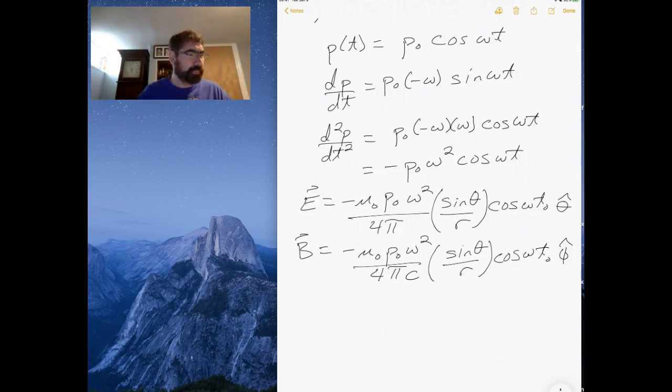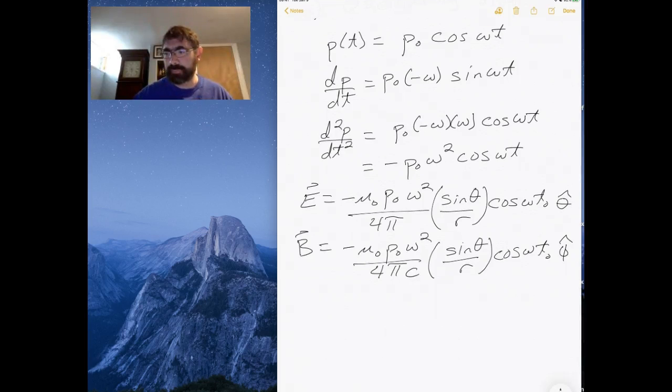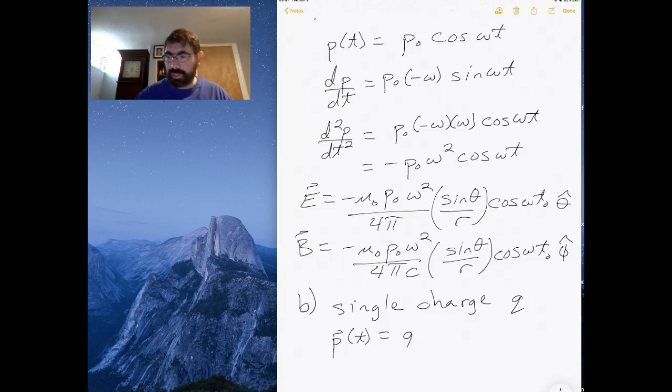Okay, so what about for a single charge? The second case we can consider is we have just a single charge Q, and the dipole moment, let's say, is Q, but now the distance that it's moving is time dependent. So it's a distance from the origin.